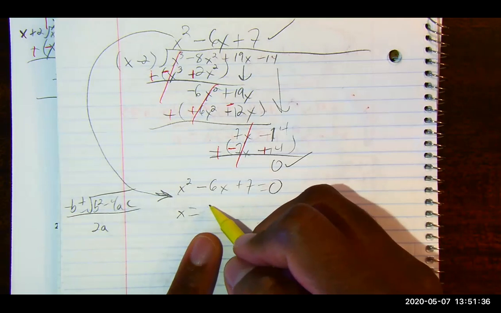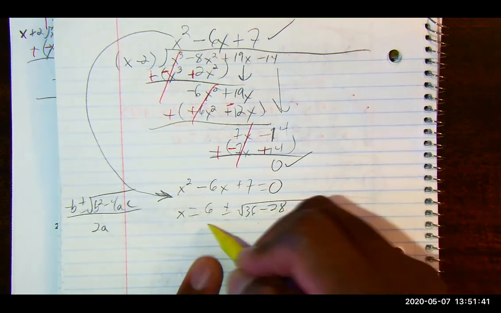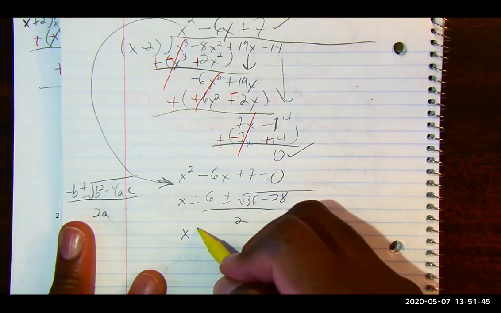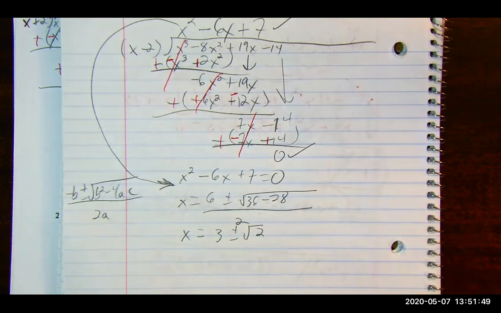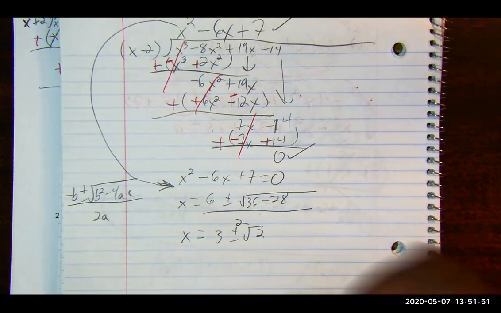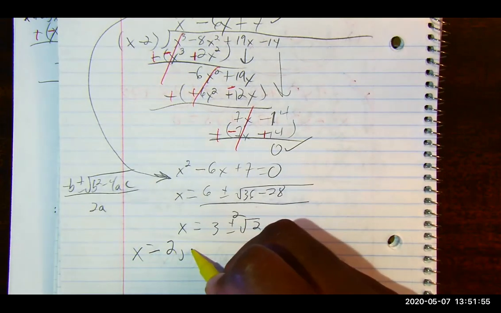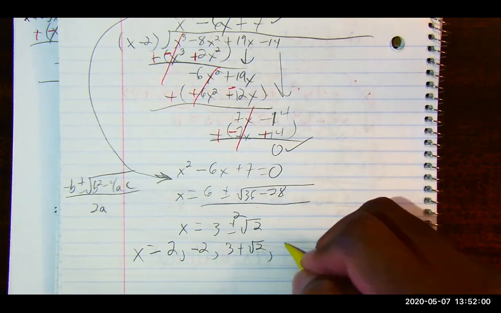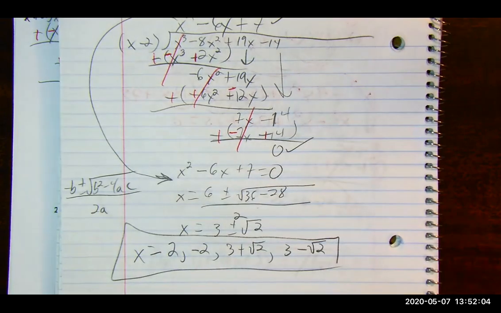So that becomes positive 6 plus or minus square root 36 minus 28, all divided by 2. If we simplify that, we get x equals 3 plus or minus square root 2. So our solutions are x equals positive 2, negative 2, 3 plus square root 2, and 3 minus the square root of 2. 4 solutions for a quartic equation works out pretty well, don't it?